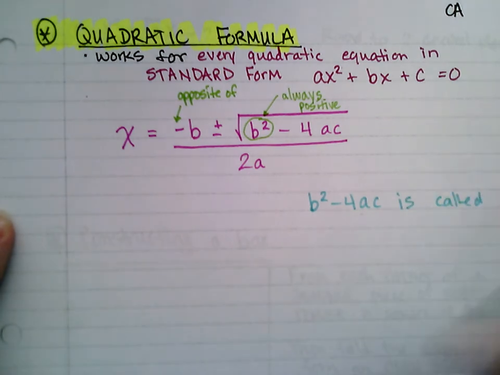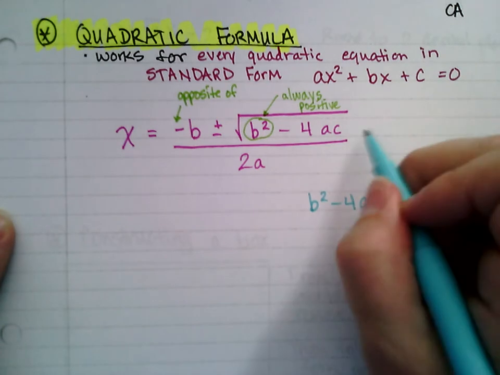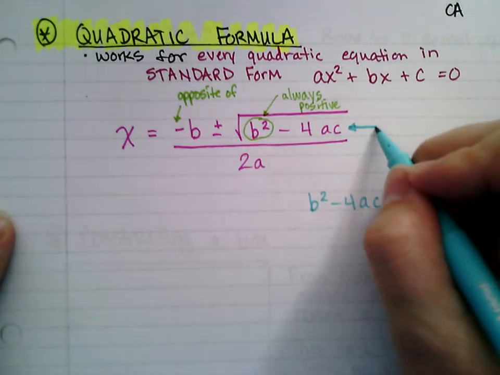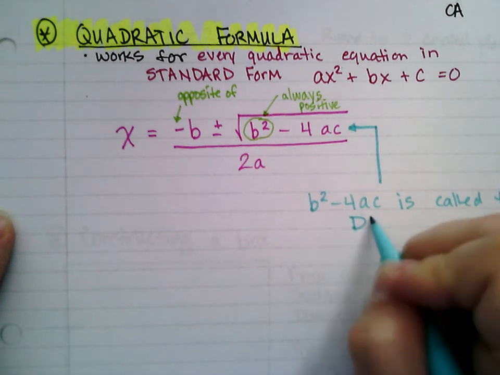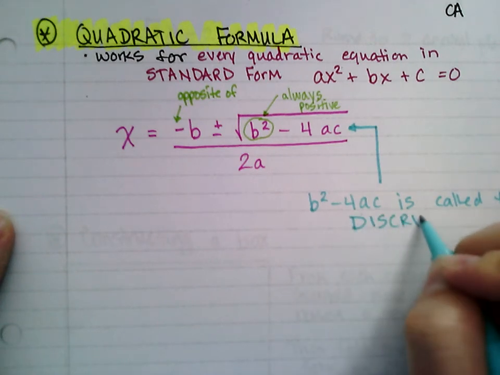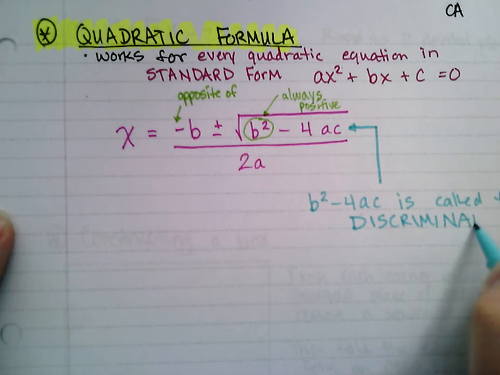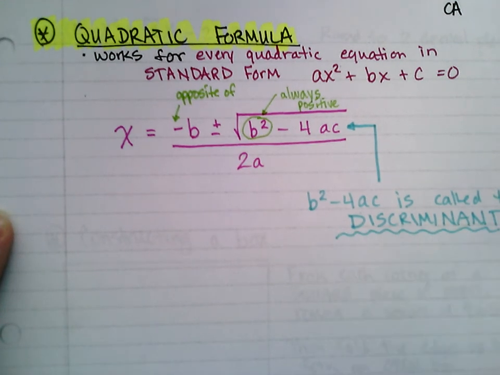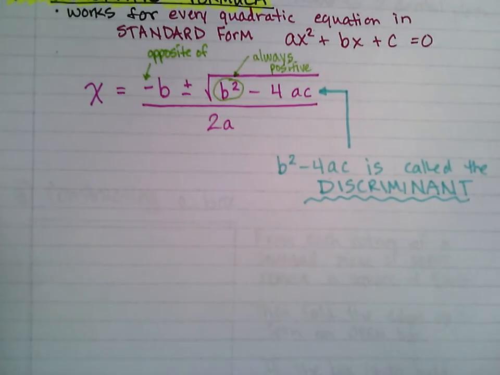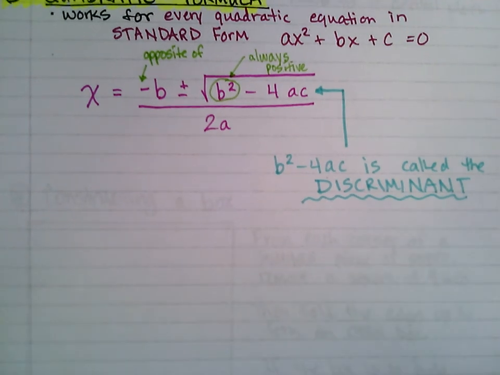It's called the discriminant. And that's going to tell us some cool stuff. In a minute, we'll come back and write some things about it. So leave this stuff blank over here.